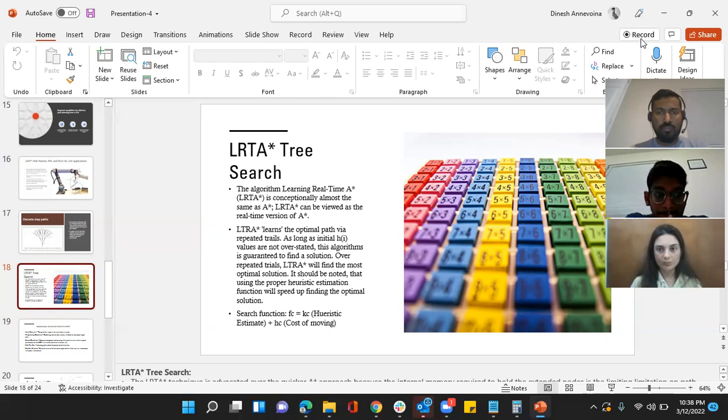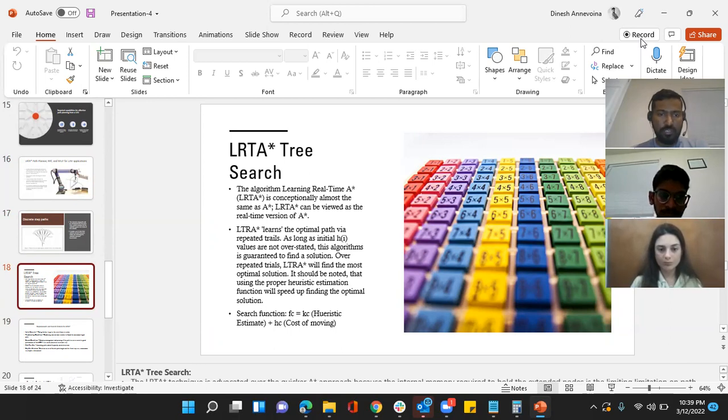For example, we talked about maps, for finding an easy path for navigation purposes. That's where this comes into the picture, and it finds an optimal path for sure. It takes all the possible solutions and finds the optimal path, but it takes some time. It's not that fast, but it gives the solution. So the search function is f(n) equals g(n) plus h(n).